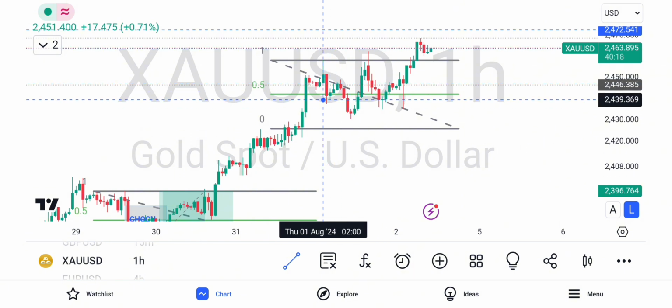But in order to take a more refined trade where your risk is not much and your reward is a bit higher, we allow that trade to go back to an order block at premium.